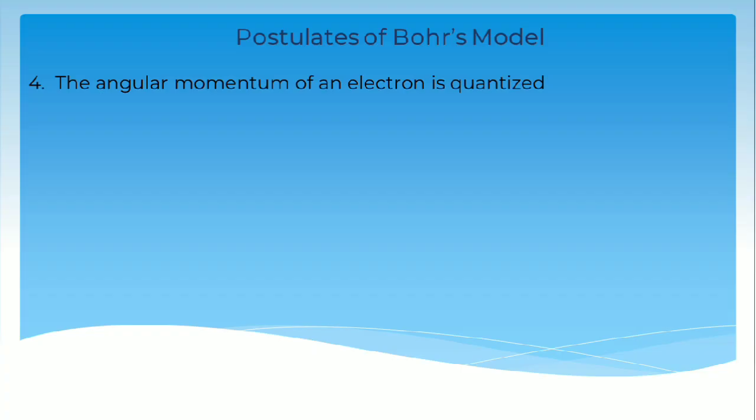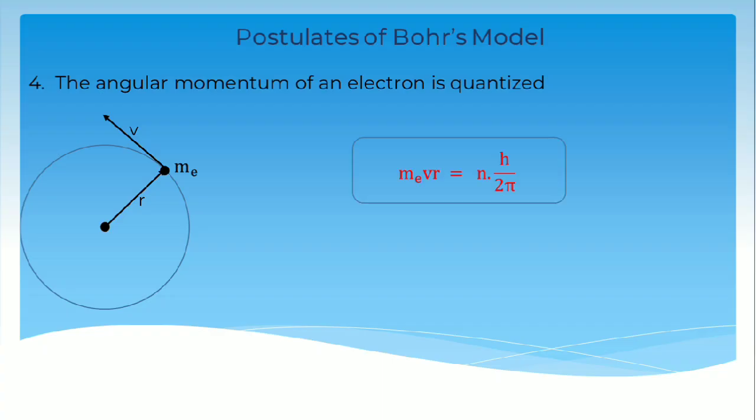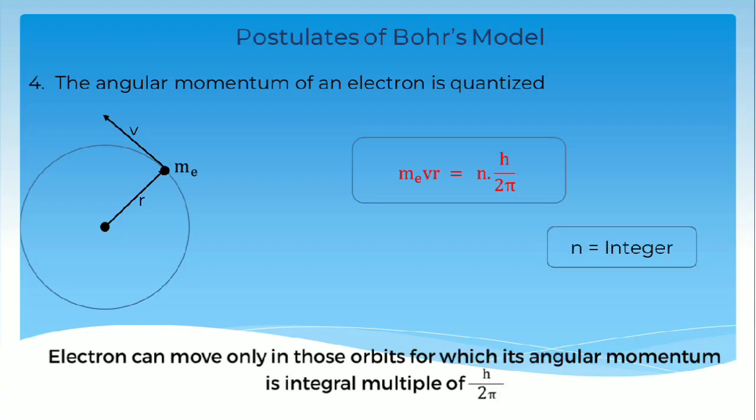Now the fourth postulate. The fourth postulate of the Bohr atomic model is called the quantization of angular momentum.